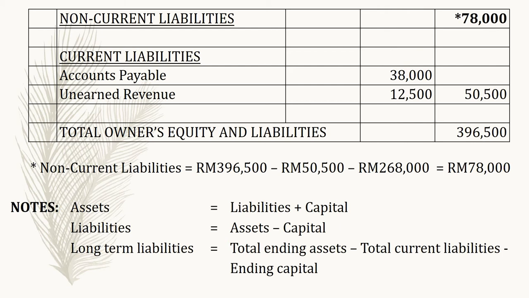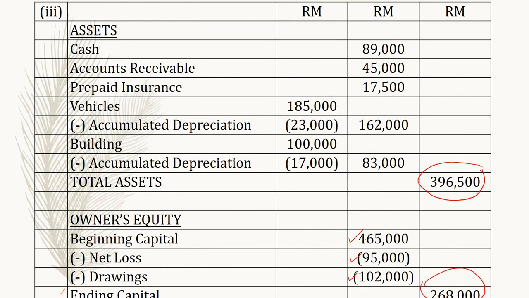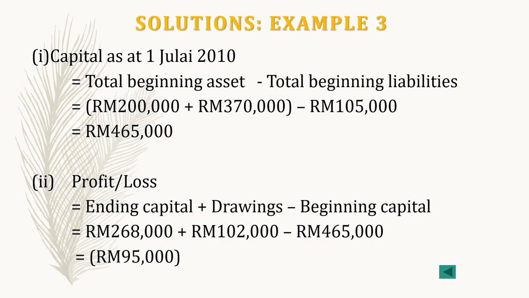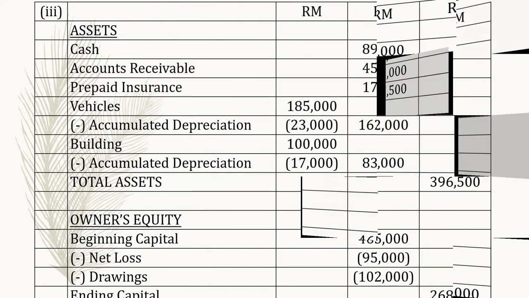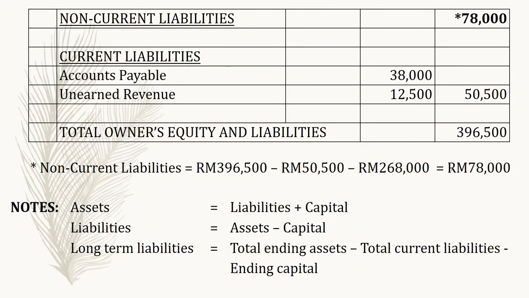So this is the calculation for your liabilities. Earlier you already have a total for your asset, that is 396,500. So your liabilities and owner's equity should have the same sum, that is also 396,500 ringgit. But in the question you only have information on your current liabilities.